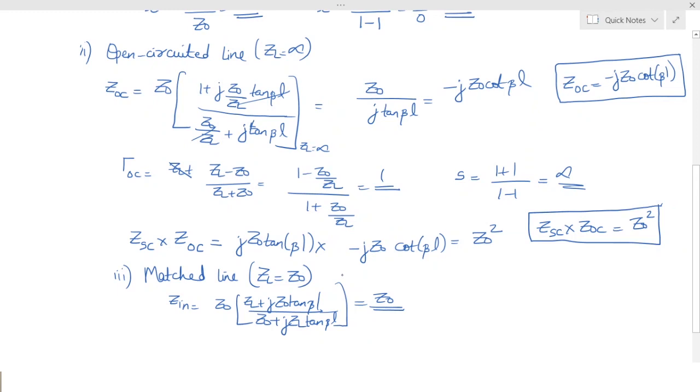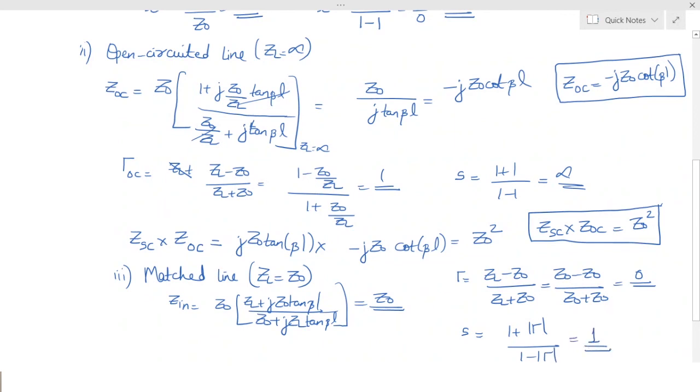And what about reflection coefficient? It will be ZL minus Z naught divided by ZL plus Z naught. So it will be Z naught minus Z naught divided by Z naught plus Z naught. It will be 0. So there is absolutely no reflection. Reflection coefficient is 0. And what about S? 1 plus modulus of reflection coefficient divided by 1 minus modulus of reflection coefficient. It will be 1.